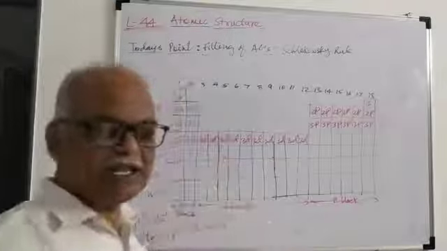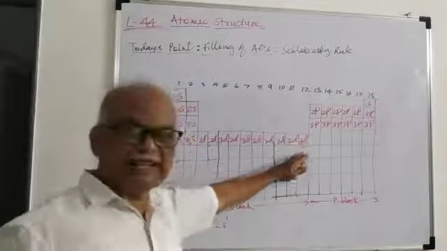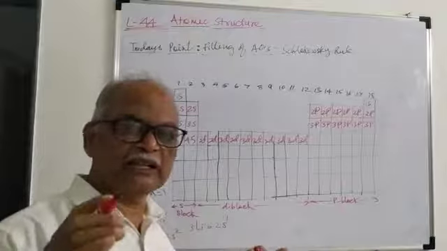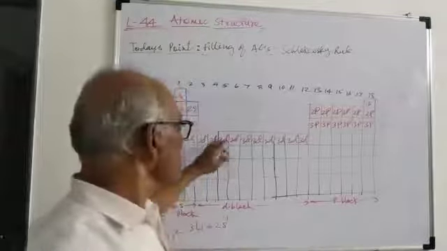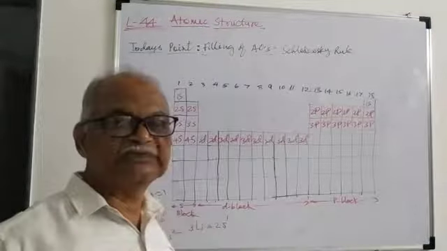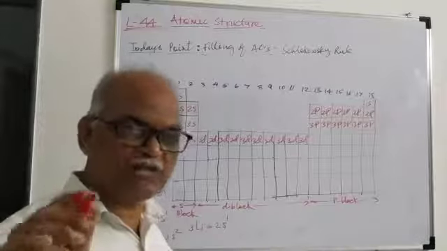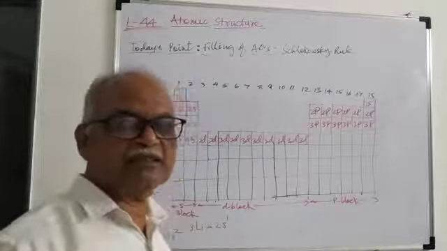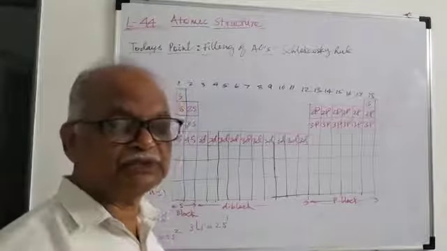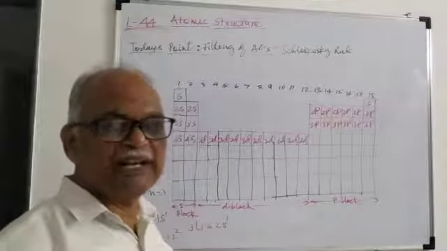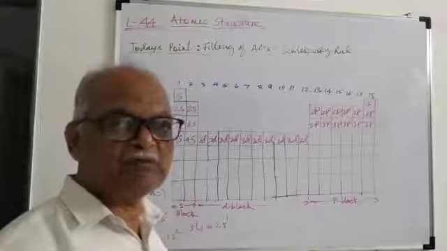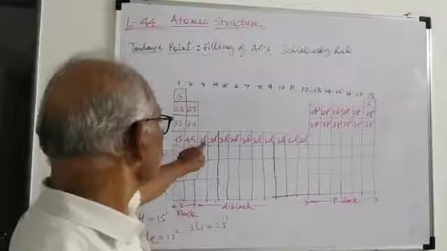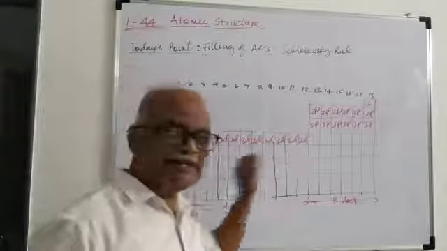So 10 places means there are 10 electrons available for moving into d orbitals. There are 5 d orbitals, but every orbital has the capacity to occupy 2 electrons. This means these 5 d orbitals can occupy a maximum of 10 electrons. So we have shown this 3d 10 times.